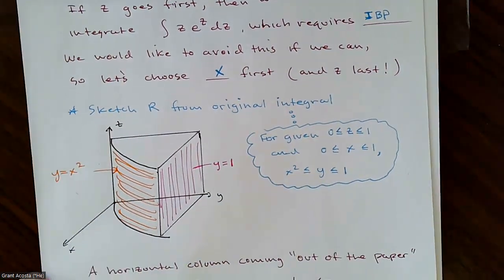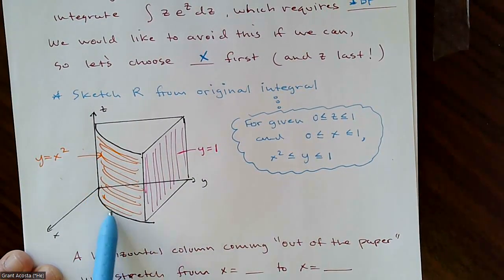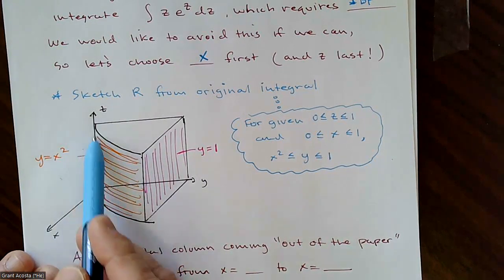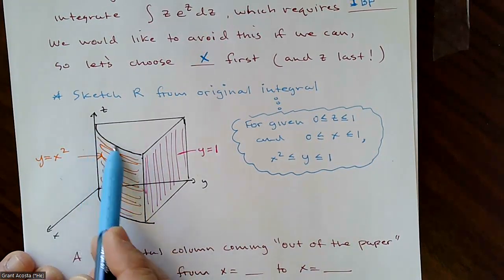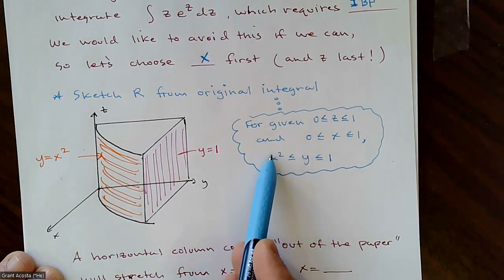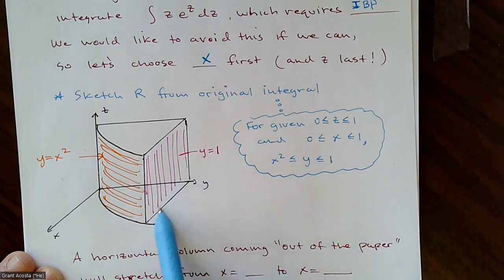Now the graph of y equals x squared in 3D, here's the graph of y equals x squared in the xy plane, and because z is missing, you extend that in the z direction, so you get sort of a curved surface here. That's my lower bound for y, and my upper bound for y is the plane y equals 1, which would be a horizontal plane here.